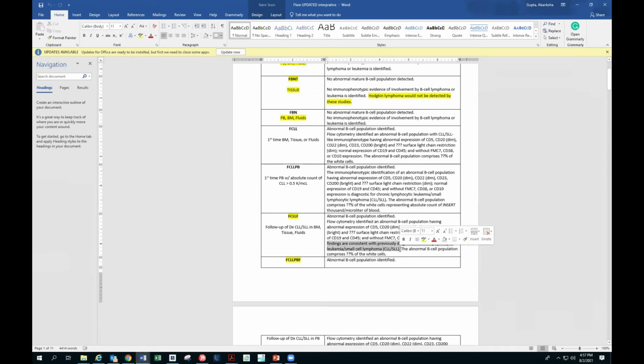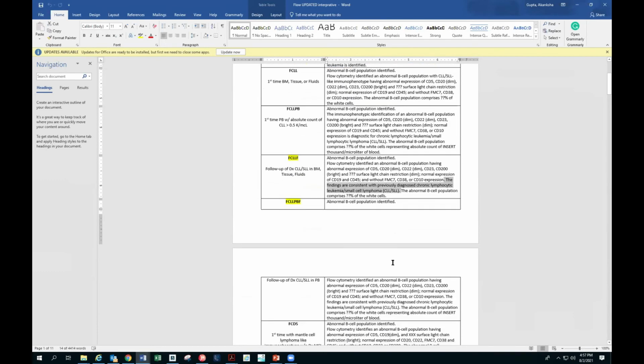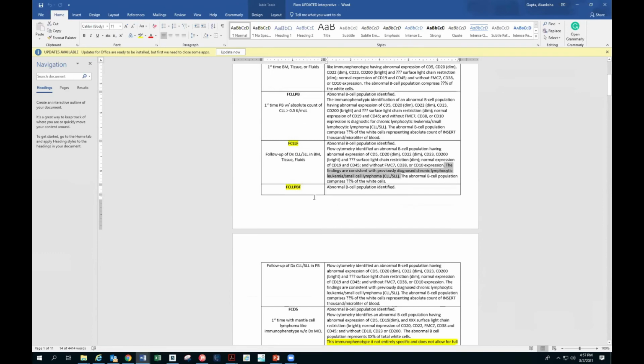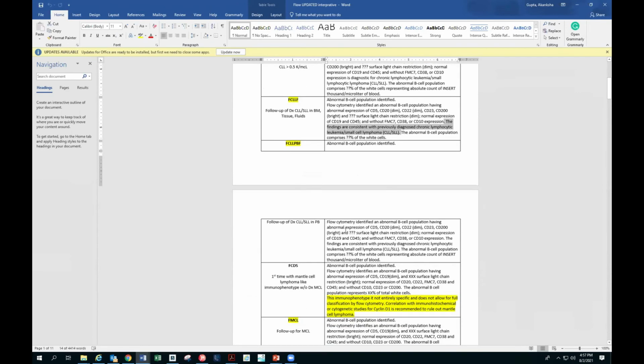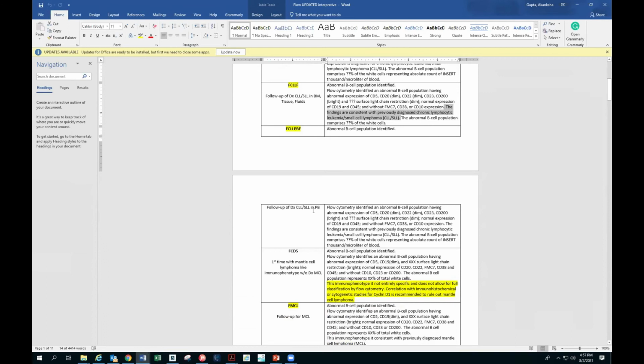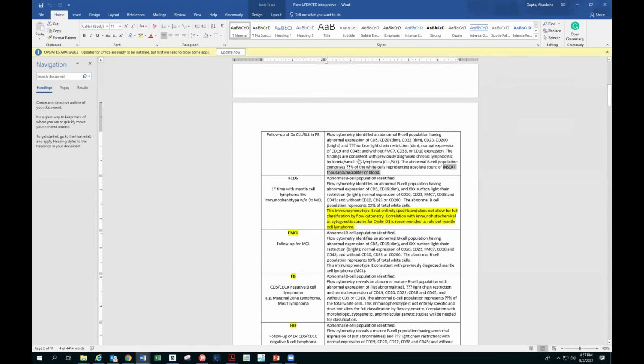Those are obvious reasons we add those things, but they had everything written down in here, and they would just quick text and be done with it. Again, in the peripheral blood, if it is a follow-up, they would just say the same things, consistent with the previously diagnosed CLL, SLL, and the abnormal B cells comprise whatever. And then they could also insert the count per microliter. I don't do that in my reports, but they would do that.